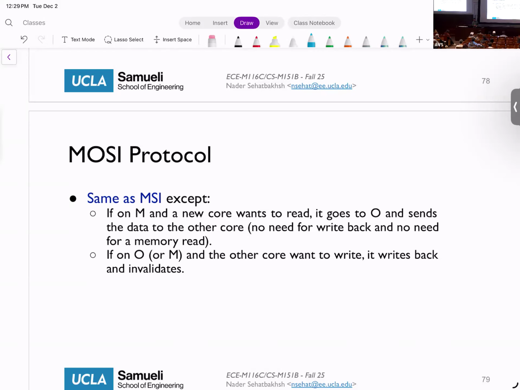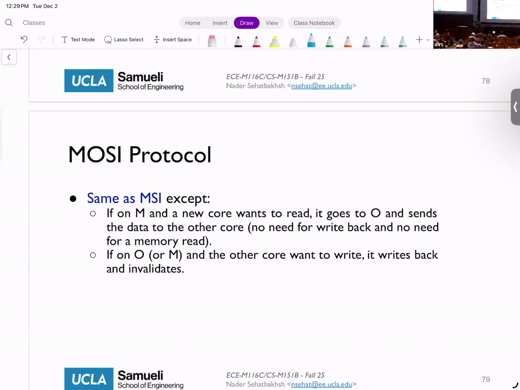But if one core is in O and another core wants to write, that's when the O will invalidate itself. Usually this is followed by a write back. O writes it back to the memory and then the other one proceeds.